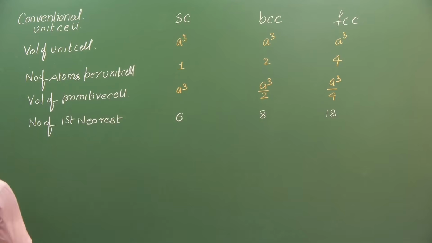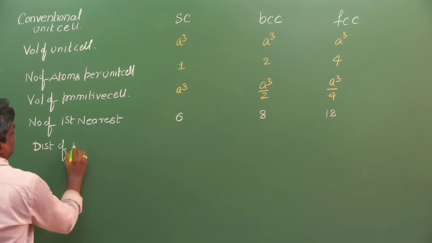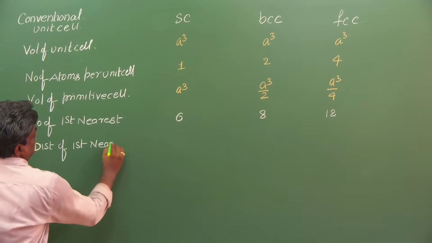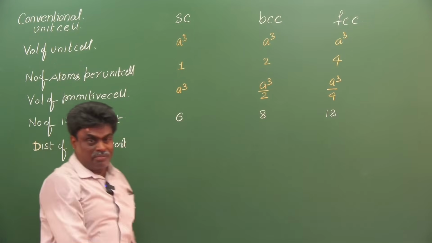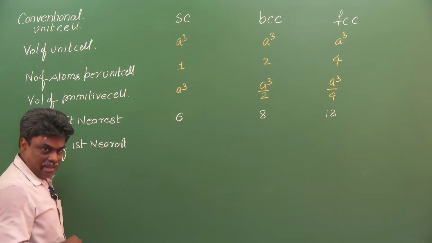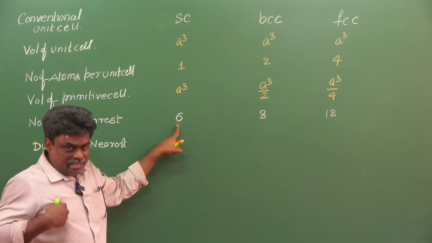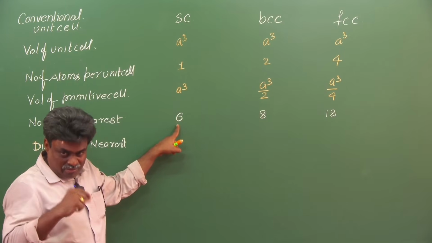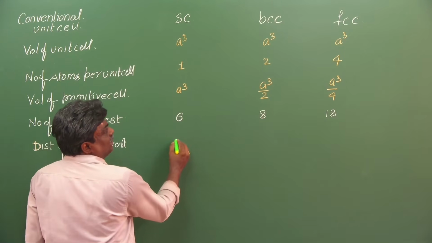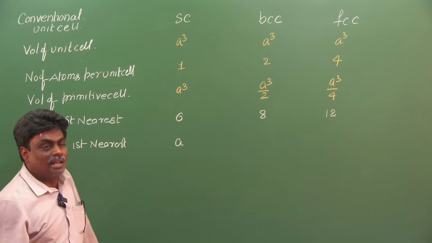Now, distance of first nearest neighbors. So in simple cubic, 6 atoms are first nearest neighbors. The distance from the origin, how much? A, a by 2, a by 2.